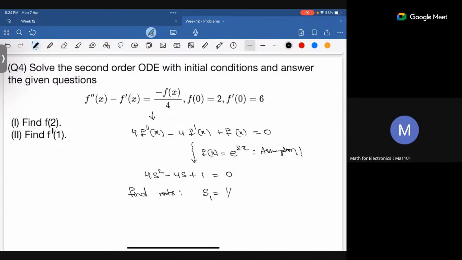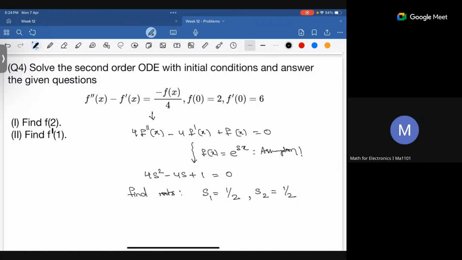Half, right? And the second root will also be half, because this will be 2s minus 1 whole square. So 2s minus 1 whole square will have the same root repeated twice. So this is the second case where our roots are repeating, right?